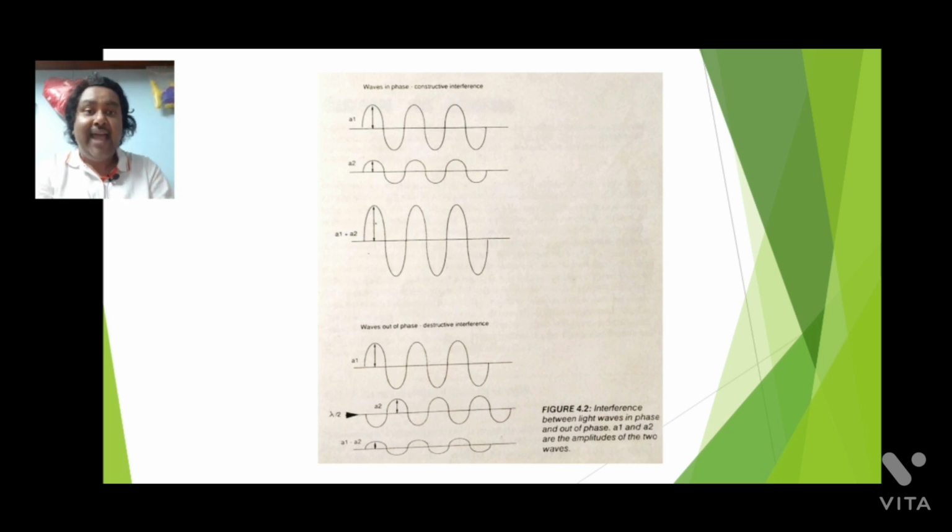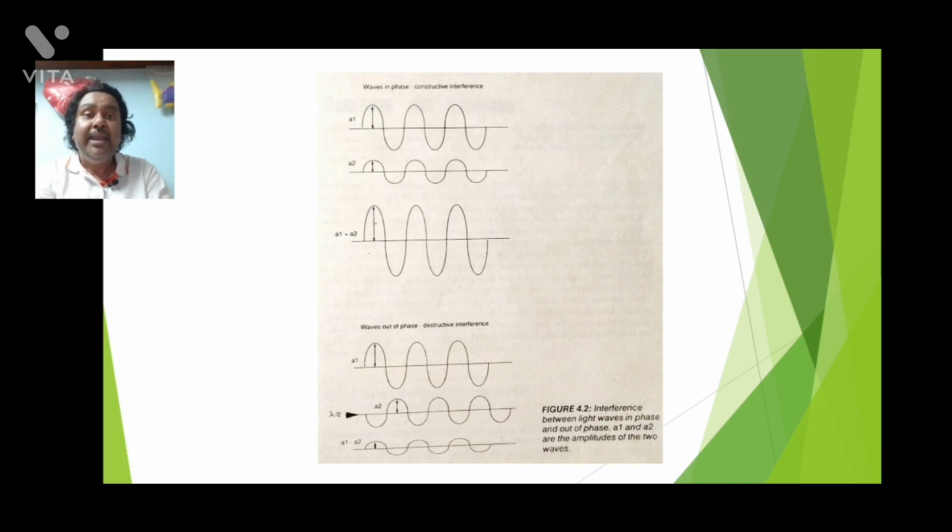But in the diagram at the bottom, both have amplitudes A1 and A2, but their crest and trough are not in phase. So they will create destructive interference, and the final amplitude will be A1 minus A2.